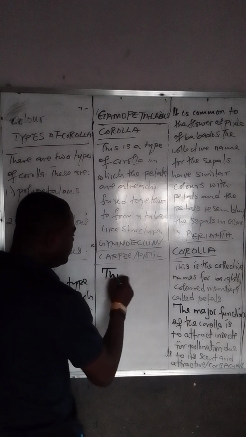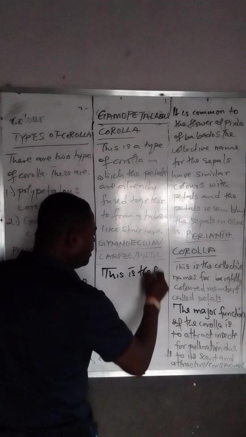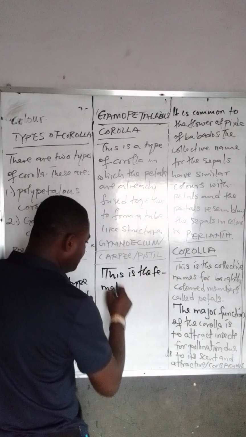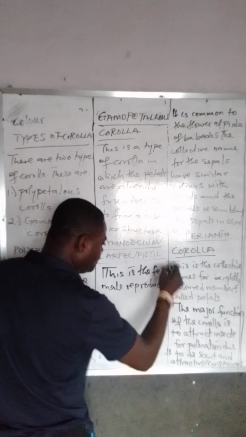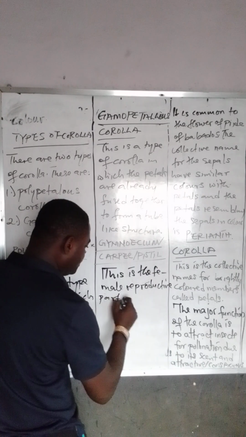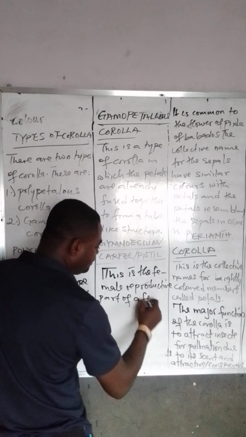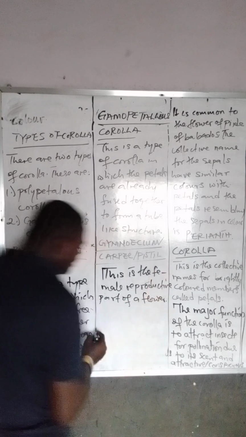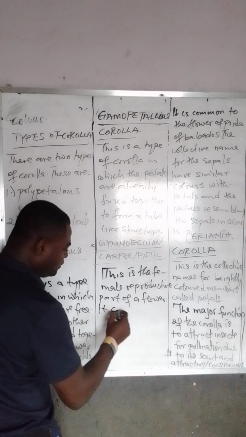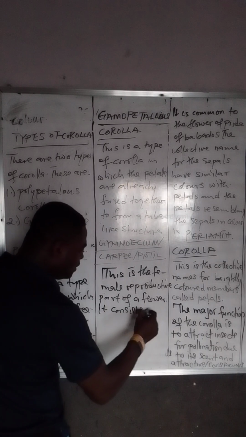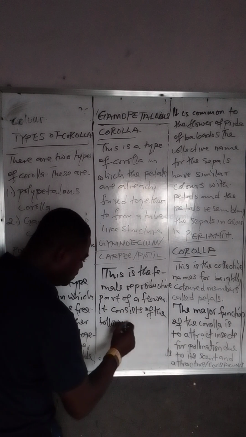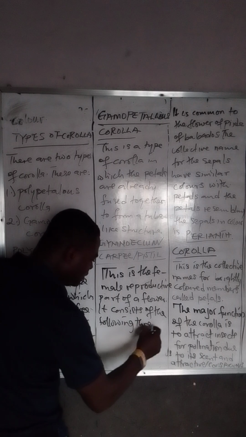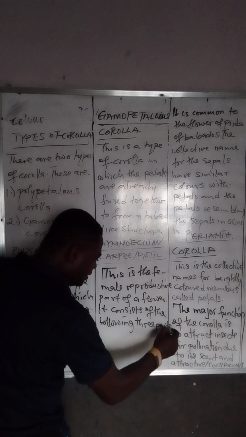Now, this is the female reproductive part of a flower. It consists of the following three parts.